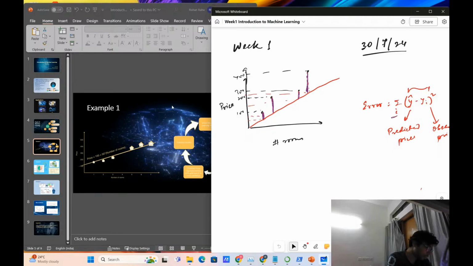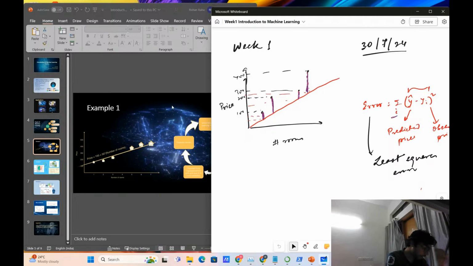So you are squaring the, well, this is called the least square distance. Okay. That's the name that you have. And this is the least square error basically. Okay.